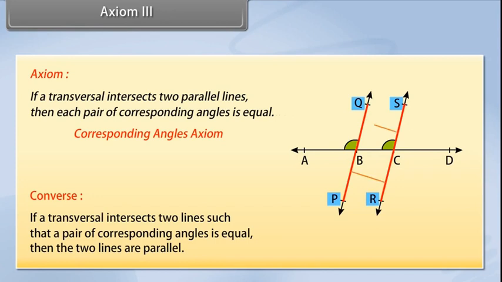We can also draw common perpendiculars to the lines PQ and RS at different points and measure their lengths. You will find it the same everywhere. So we can say that the lines are parallel. Therefore, the converse of the corresponding angles axiom is also true. So we have got one more axiom for this, which we will discuss in the next screen.